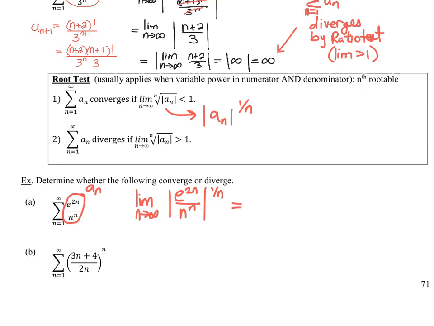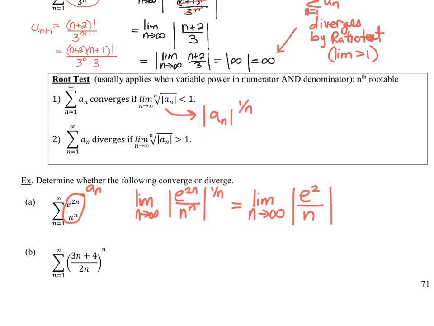One of the properties of exponents tells us that if you have a power to a power, you're going to multiply the powers. All right, so this ends up being e to the 2 over n. 2n times 1 over n is going to go to 2, and n times 1 over n is going to go to 1.